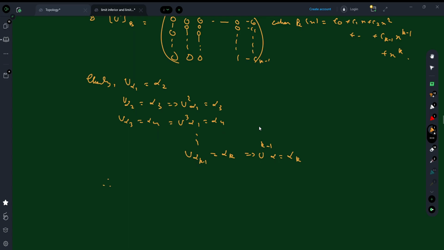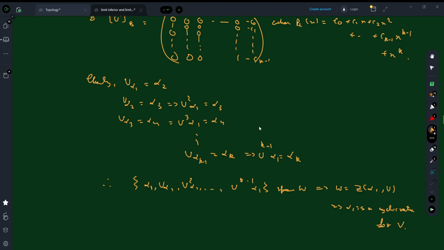Therefore alpha 1, U alpha 1, U square alpha 1, and so on till U to the power k minus 1 alpha 1 spans W. But that means W is nothing but Z of alpha 1; U. So that means alpha 1 is a cyclic vector for U, right? I guess this was a very easy sort of theorem, but the important one is its corollary.